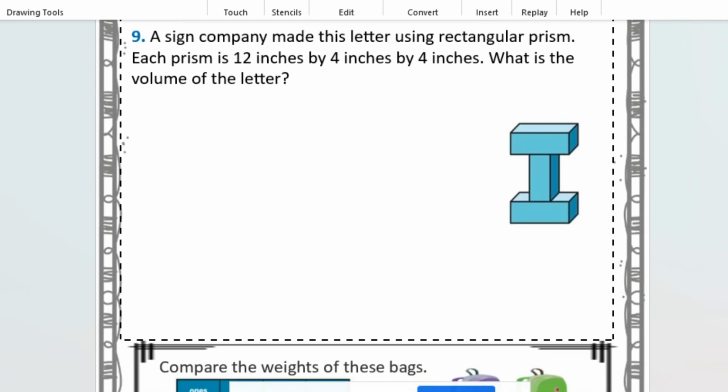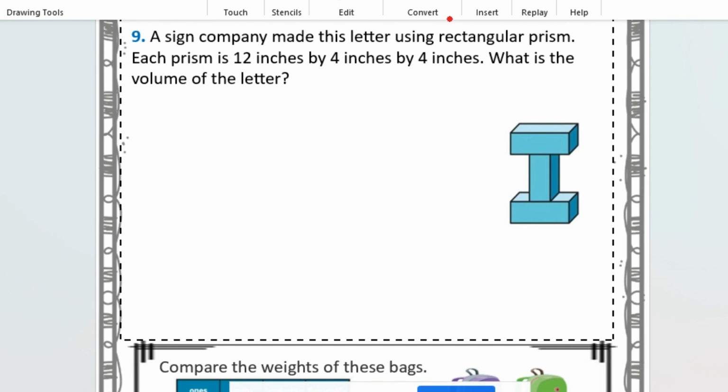Okay, now here, a sign company made this letter using a rectangular prism. Each prism is 12 inches by 4 inches by 4 inches. What is the volume of this letter?